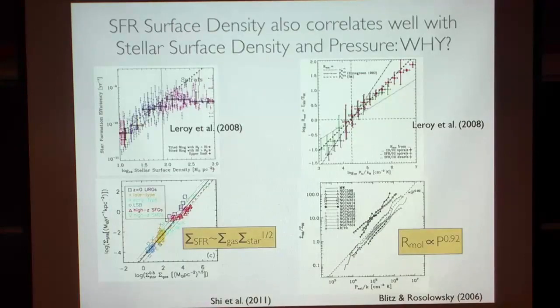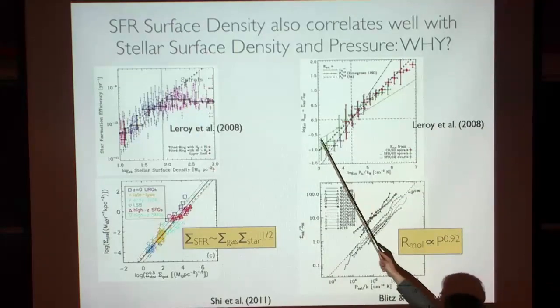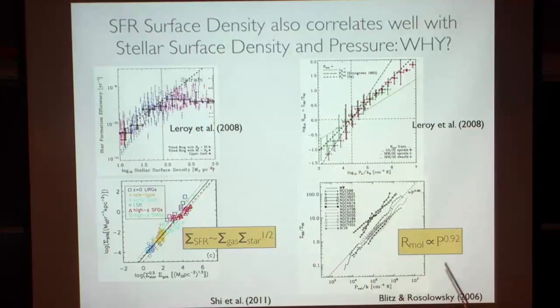And another thing is when we look at the star formation rate as a function of also including some factor with the stellar surface density, or we can just plot here, this is not the star formation rate, this is a molecular fraction as a function of this midplane pressure.